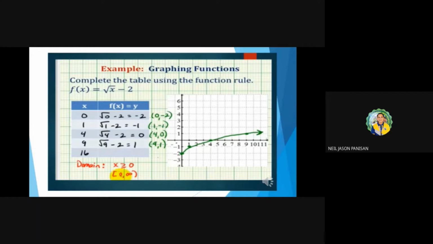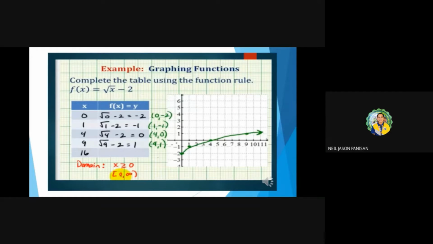For example, if our x is 0, we extract the square root of 0 and subtract 2 from the result, giving negative 2. So the square root of 0 minus 2, the result is negative 2.